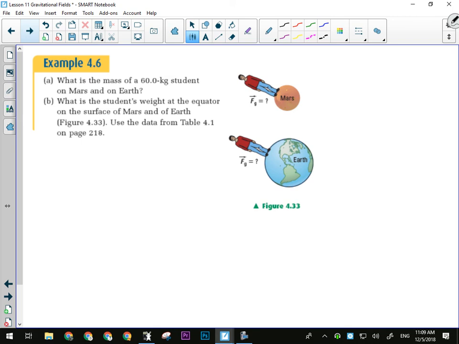What's the mass of a 60 kilogram student on Mars? 60 kilograms. You'd be surprised how often I don't get that answer when I ask that question.